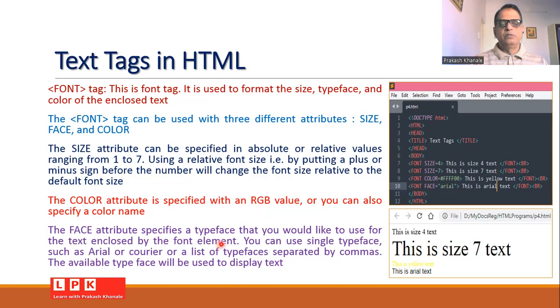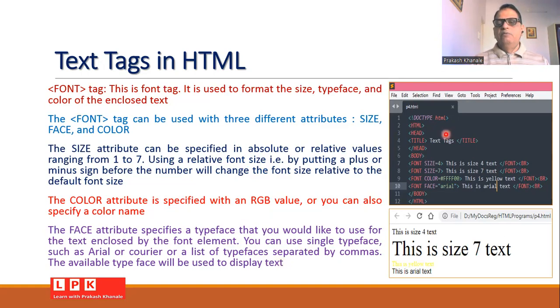The face attribute specifies the typeface that you would like to use for the text enclosed by the font element. It can be a single typeface, such as Arial or Courier, or a list of typefaces separated by commas. Whichever typeface is available will be used by the browser.